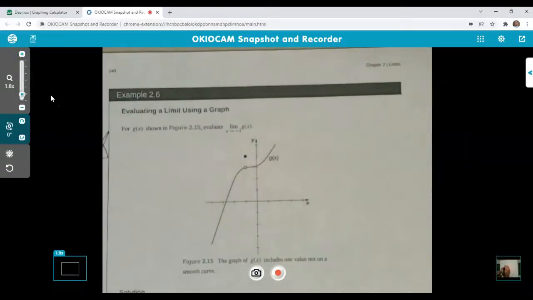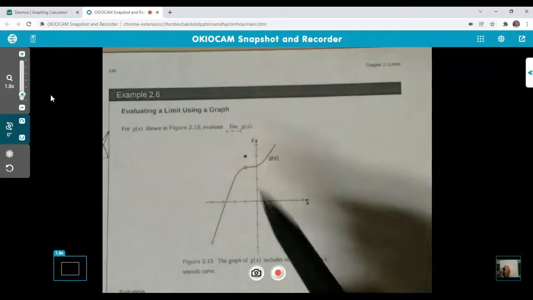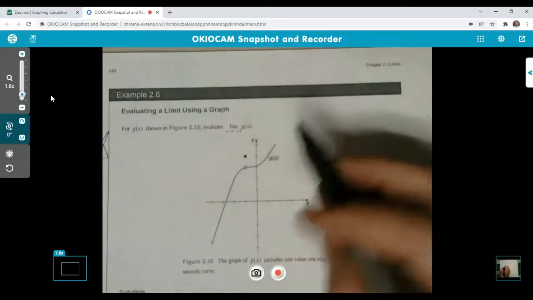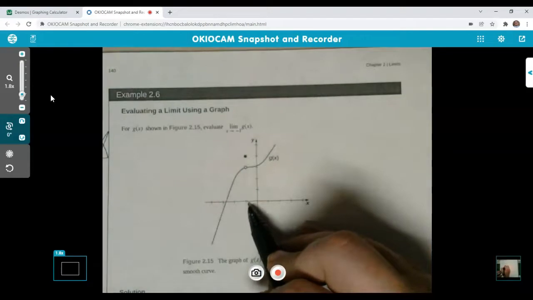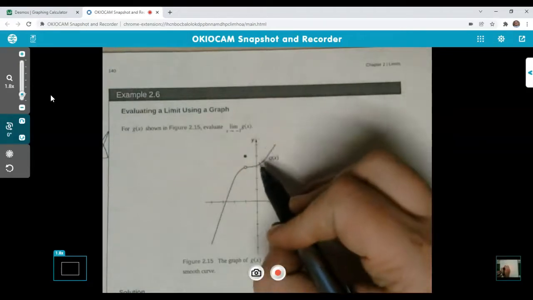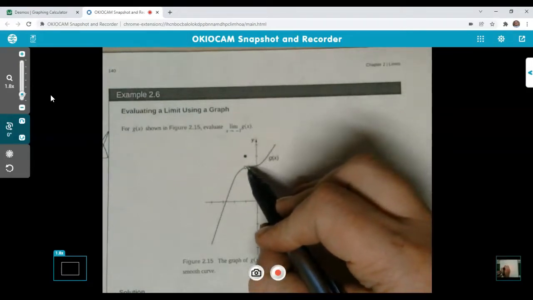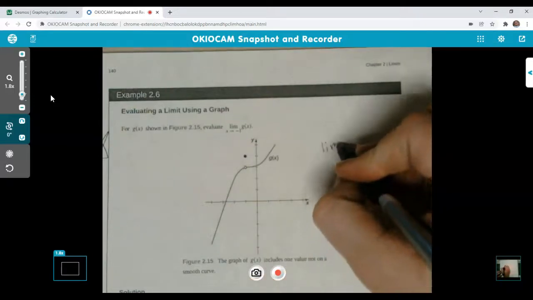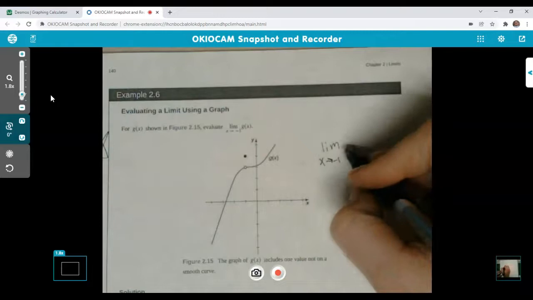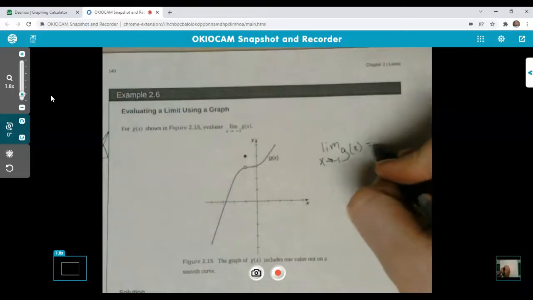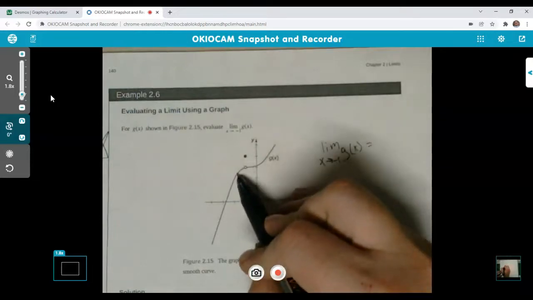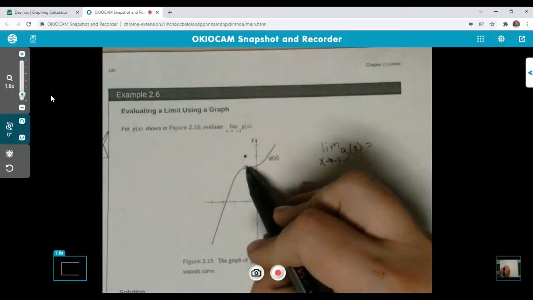This is saying I want you to find the limit as x approaches negative 1. Okay. So I'm going to look at my graph, and I'm going to say, okay, as x approaches negative 1, which is right there, I can see my graph is approaching this point. So as x approaches negative 1 of g of x, my y is getting really close to this point.